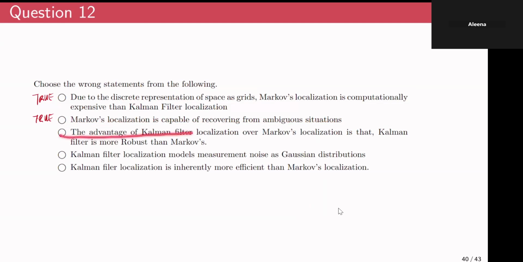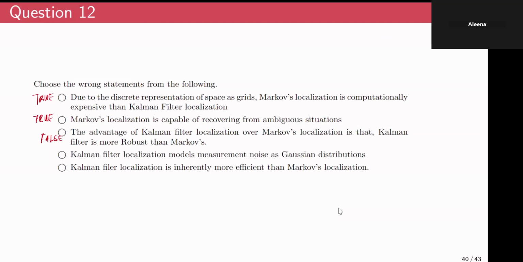The advantage of Kalman filter localization over Markov is that Kalman filter is more robust than Markov. That is actually false, right? If you can recall from the definition, Kalman filter localization cannot recover if the uncertainty is very high. If you kidnap the robot from its current position and deploy it in some other location, it will have a very high uncertainty because of that sudden change in position.